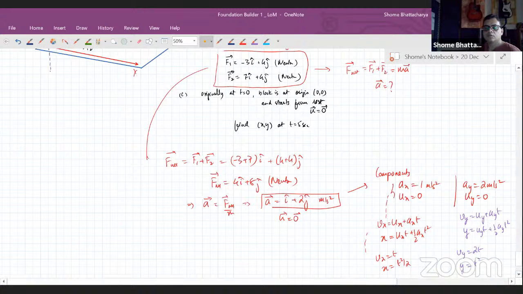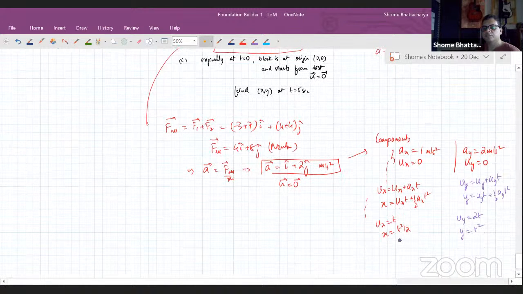Okay, so this is telling you x and y as a function of time. So you can see from here, at t equal to 5 seconds, the x coordinate will be 25 by 2 or 12.5 meters, and the y coordinate will be 25 meters. So these are the coordinates.